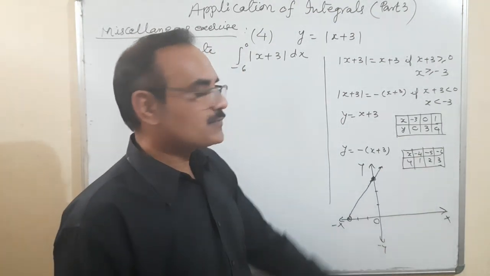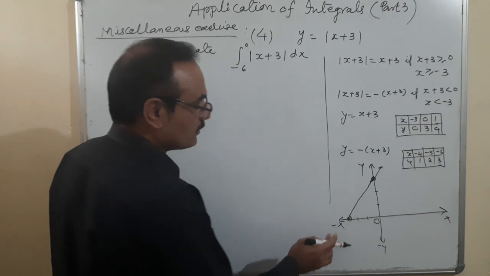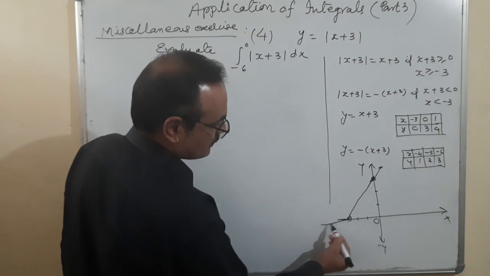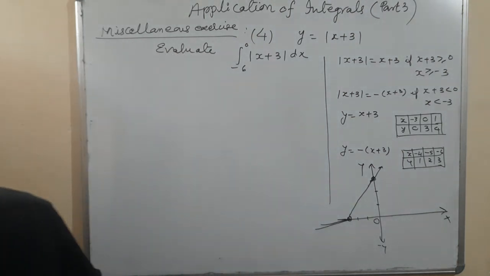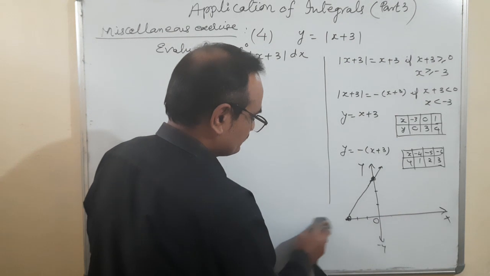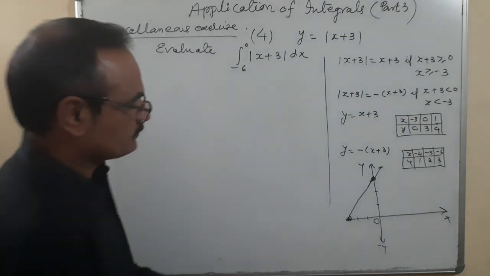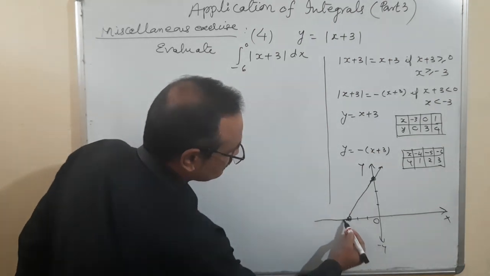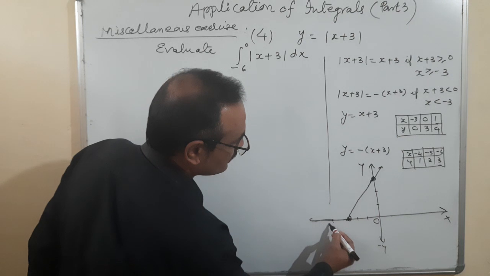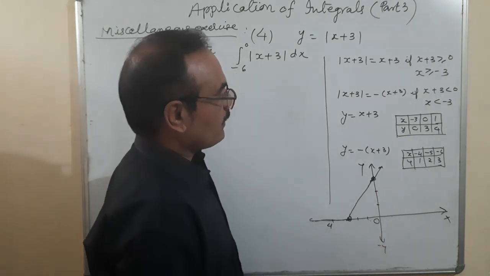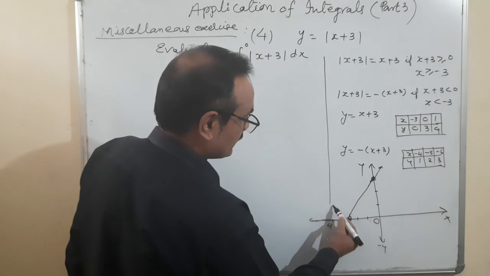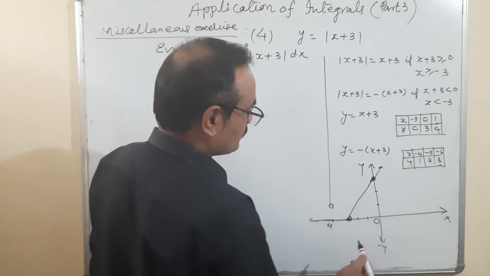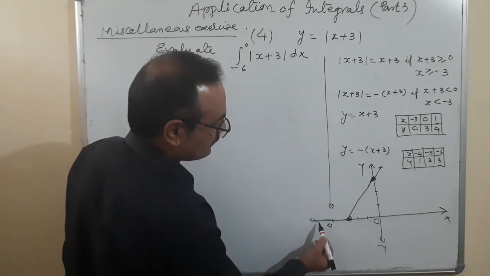Second is minus 4, comma 1, x is minus 4, y is 1. Second is minus 5, comma 2.